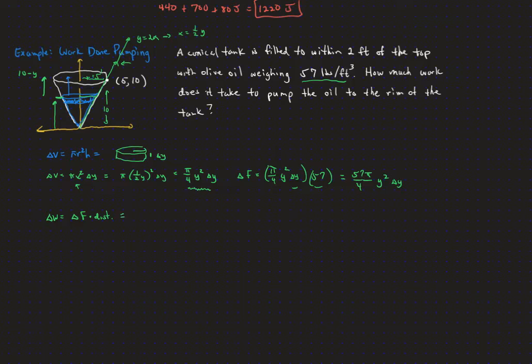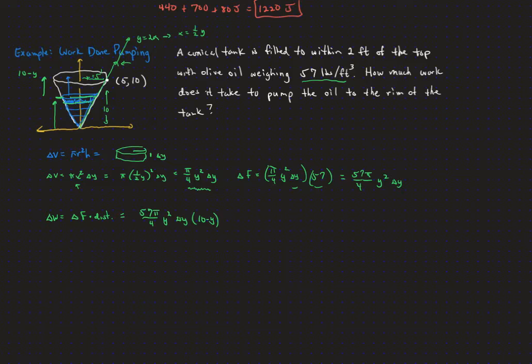So our delta work is our delta force, 57 pi over 4 y squared delta y, times the distance, 10 minus y. That's the work done in moving that one slice all the way up to the rim, and we're going to do that repeatedly for these different slices.